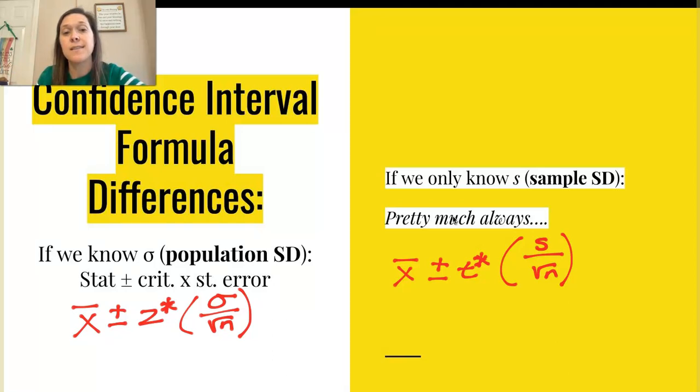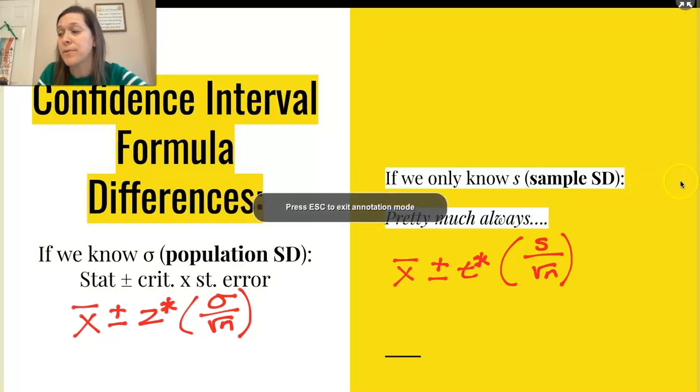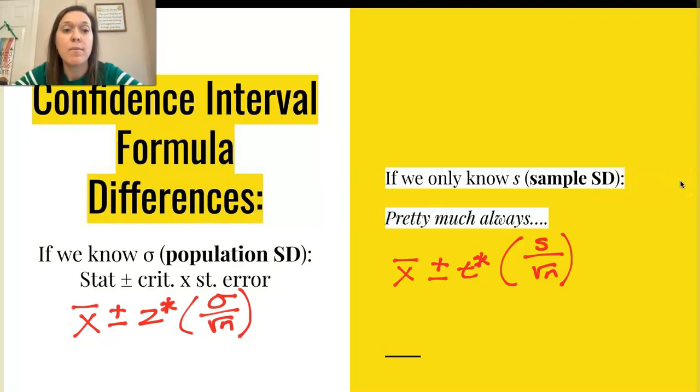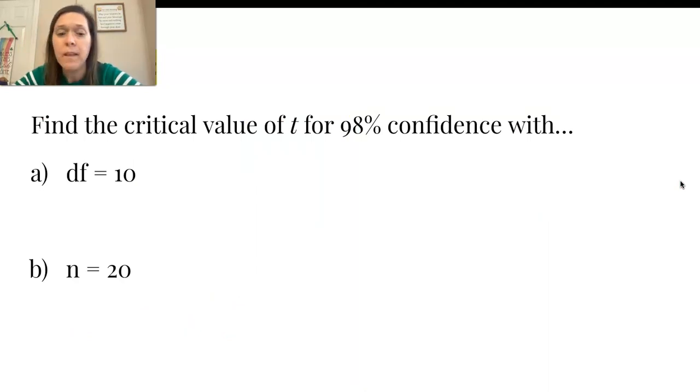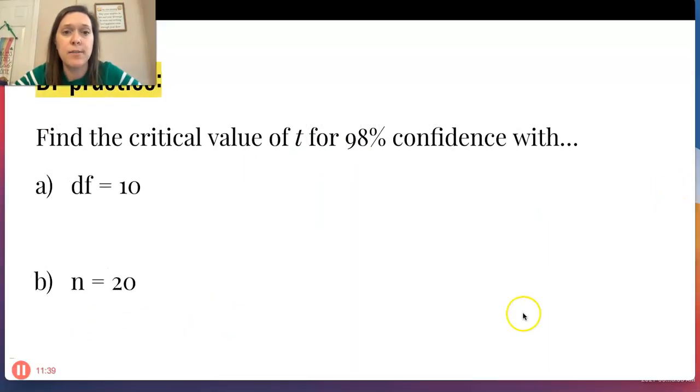And instead of using sigma, the population standard deviation, we're going to be using S, our sample standard deviation. Remember, x bar is specific to our sample mean. So in both we have the sample mean, but here we're going to be using our sample standard deviation when using the t distribution. So let's go ahead and practice finding critical values.